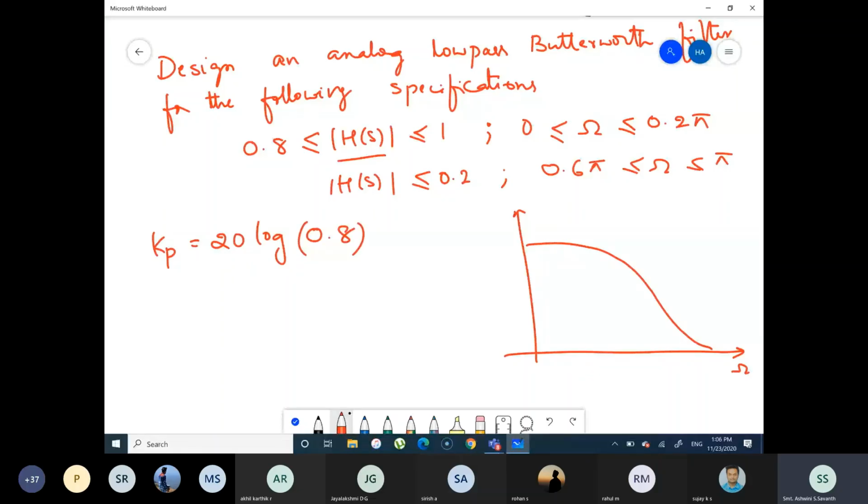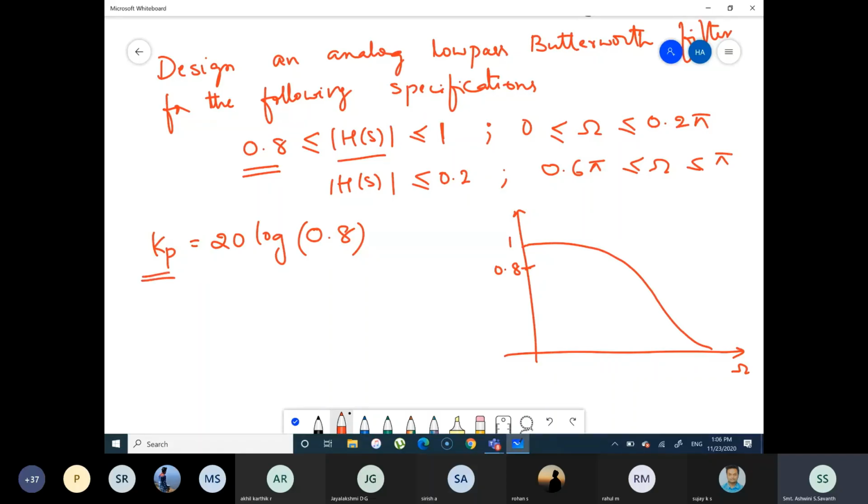So for an IIR filter, how the specifications are going to be for the magnitude as well as in the decibel scale, both I have given you. You will have to refer to that for the general one, compare and write down. So it's between 1 and this value, this is the value of 1 minus delta p, somewhere here. So this is 1 and this is 0.8. So the passband gain Kp, we find out as 20 log of this value.